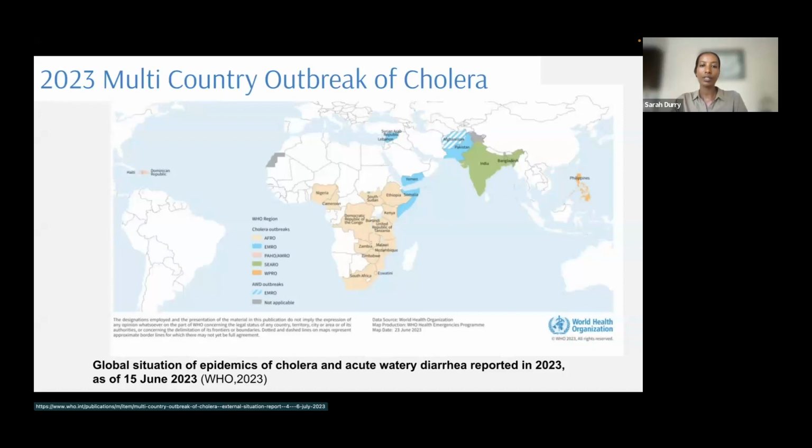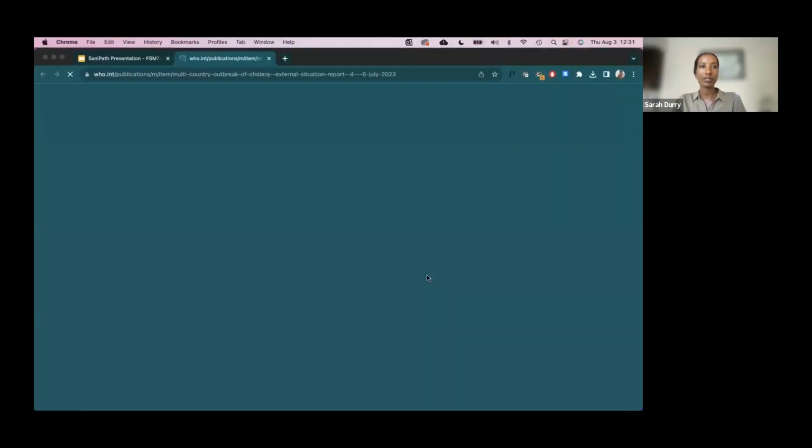During this same time period last year, 16 countries were reporting cases of cholera. We also are seeing that mortality associated with these cholera outbreaks is of particular concern, as countries are reporting higher case fatality rates than previous years. So cholera is definitely an area of concern.